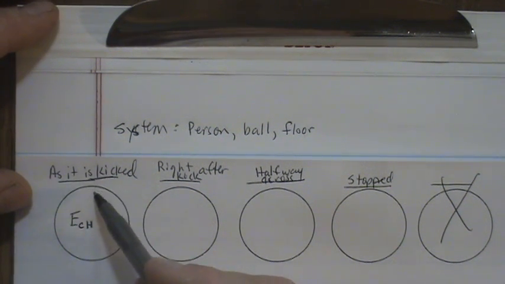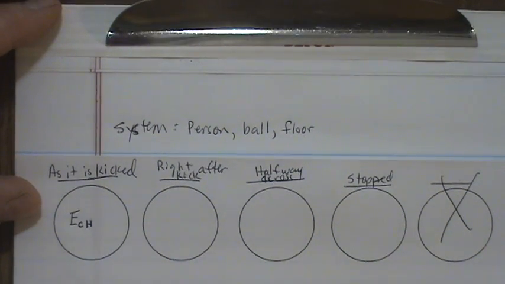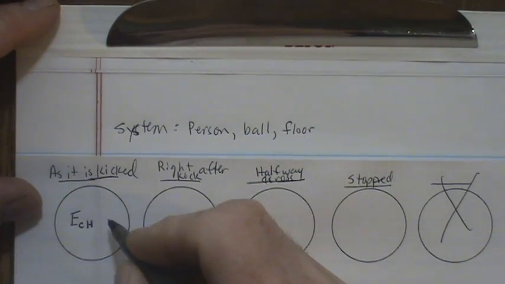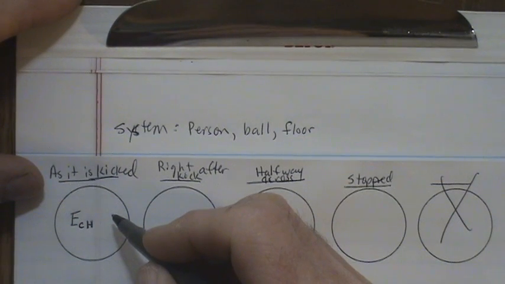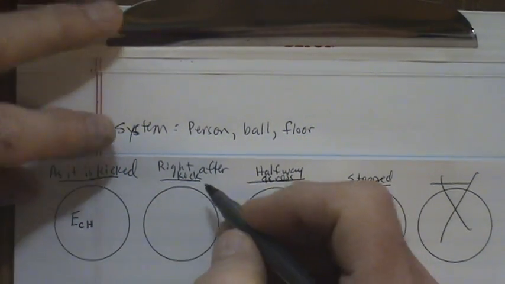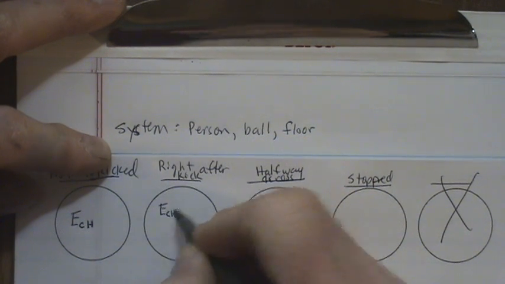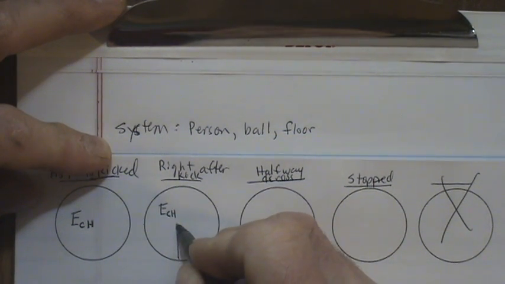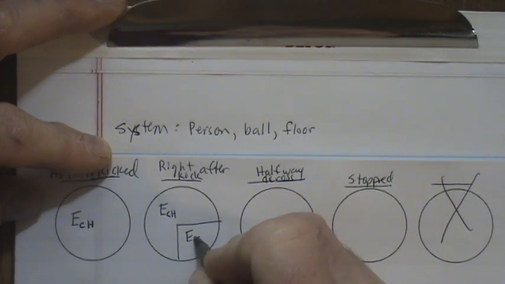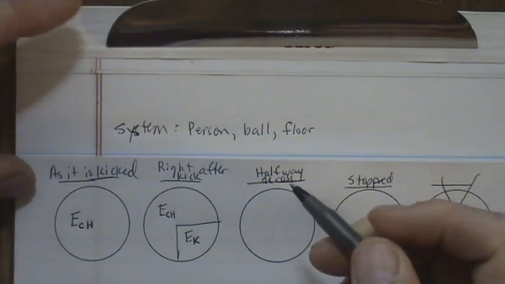But I'm just saying, as it's kicked, that you've kind of cocked your foot back. Your foot is coming forward and getting ready to kick the ball, and that's all coming from the chemical energy inside of your body. Right after the kick, part of that chemically stored energy has been changed into kinetic energy, because the ball is now moving.